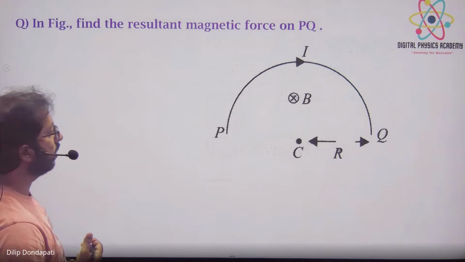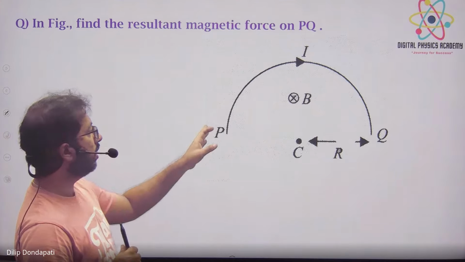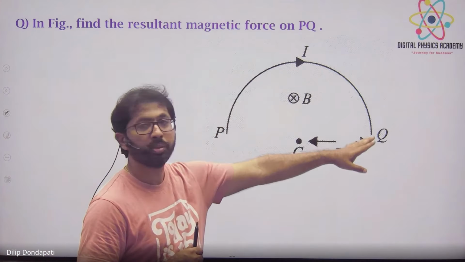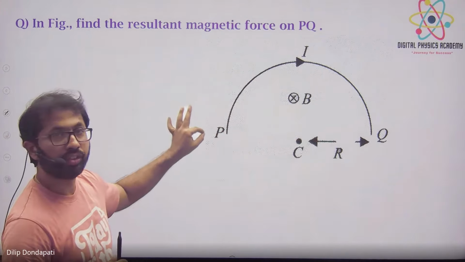So try it. Should we take a tangent? No, this is a different shape of wire, right? We should take the displacement length, the shortest distance from the initial position to the final position.